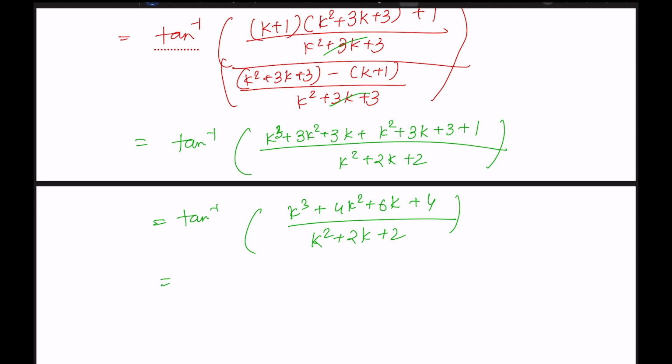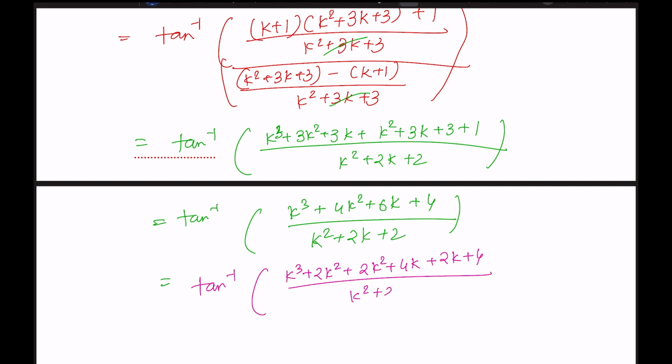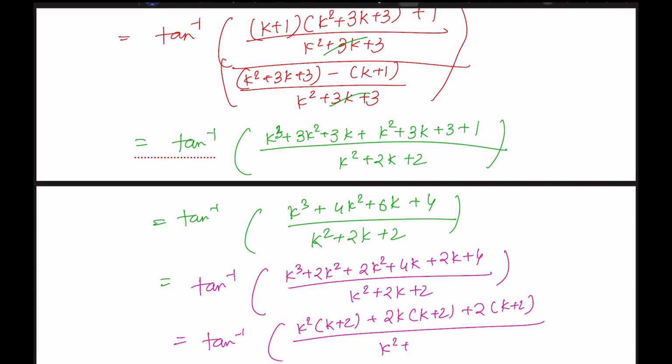Right? Now, we can try to factorize the numerator part. So we see that k equals minus 2 will be a root of the numerator. So we can use it to factorize. So k cube plus 2k square plus 2k square plus 4k plus 2k plus 4, which gives tan inverse of (k square times (k plus 2) plus 2k times (k plus 2) plus 2 times (k plus 2)) over (k square plus 2k plus 2).